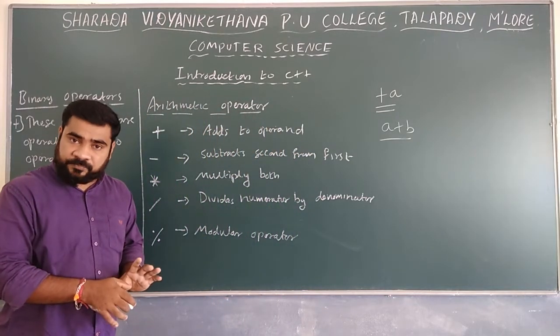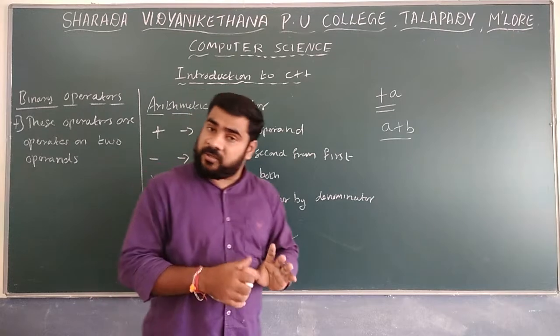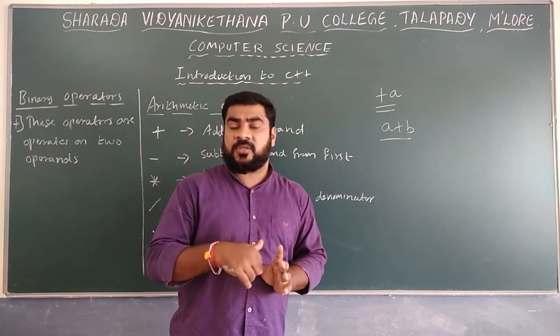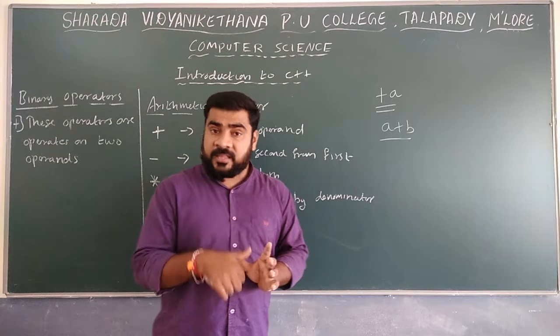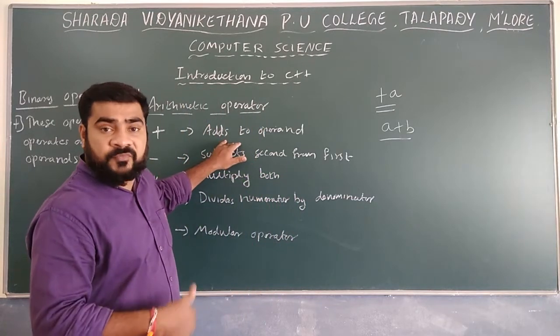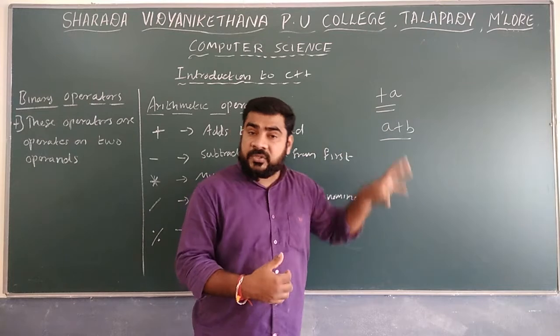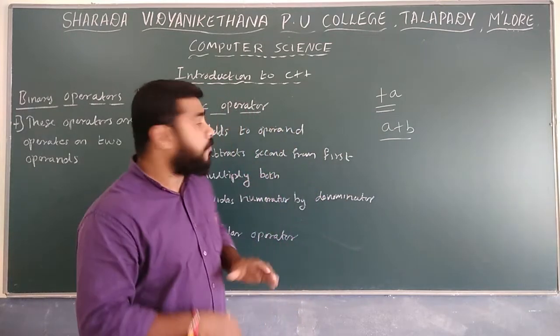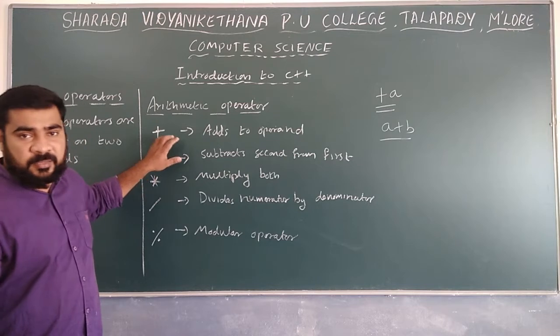Remember, that is the difference. So plus is both a unary operator and a binary operator. When plus is used with one operand, it is unary plus. When the same plus is used along with two operands, it is known as the binary arithmetic operator.